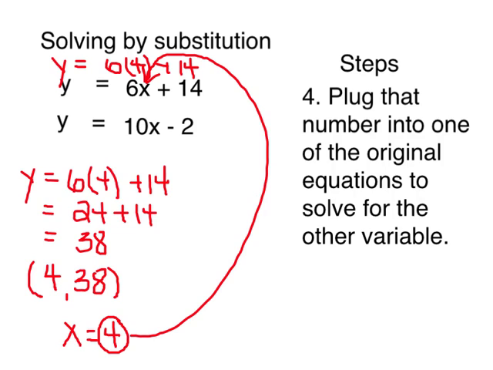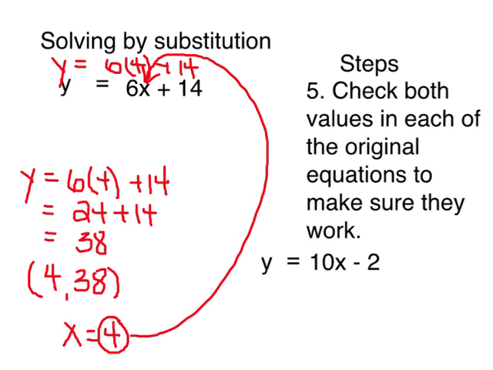And my last step is to check to make sure it works in both equations. Since I just plugged it into the top one, I know it works there. So now I have to plug it in to the bottom equation. So I'm going to take my 4 and I'm going to plug it in for that x now.